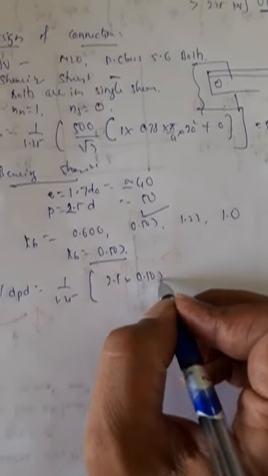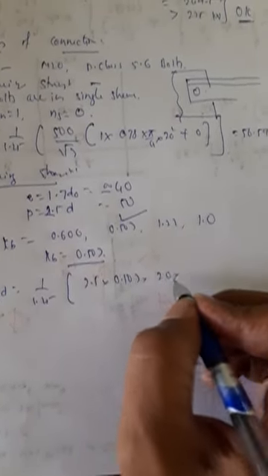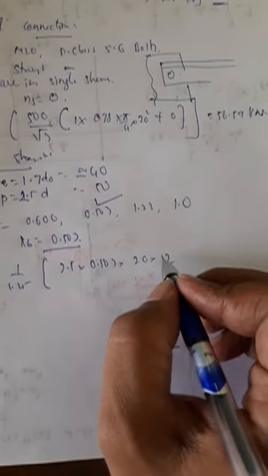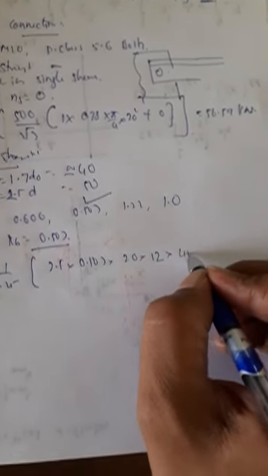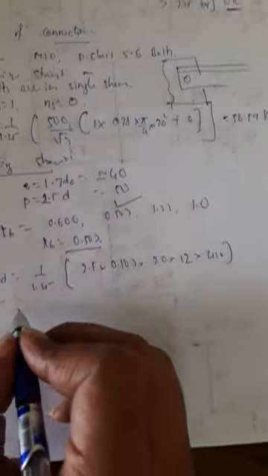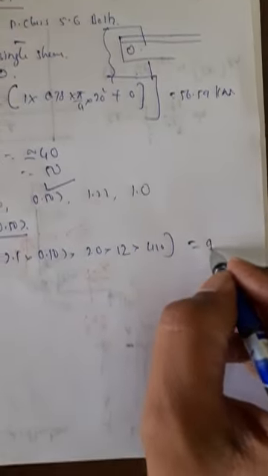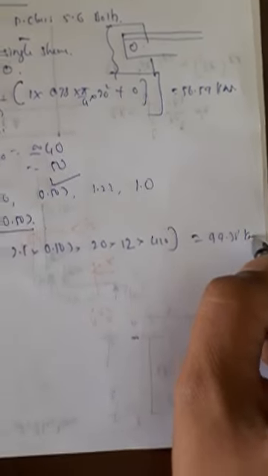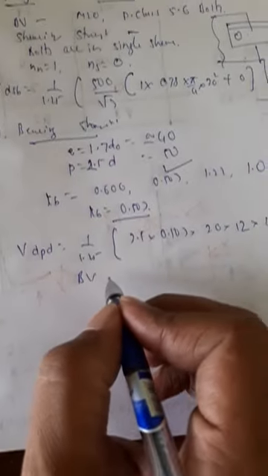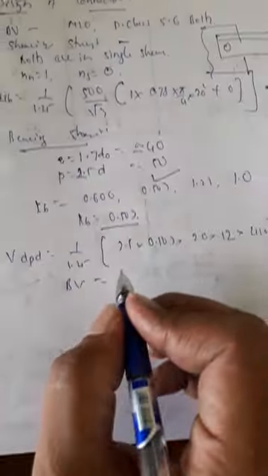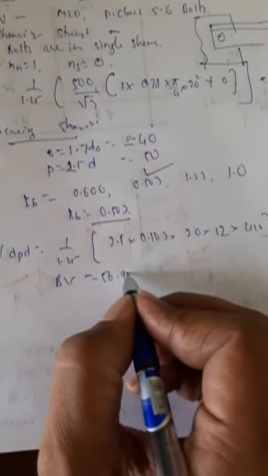KB is 0.507. D is 20. Thickness T of the thinnest member is 12, into FU 410. So solving this you get 99.78 kilonewtons. Choose the least value of bearing and shearing. So you get 56.59.